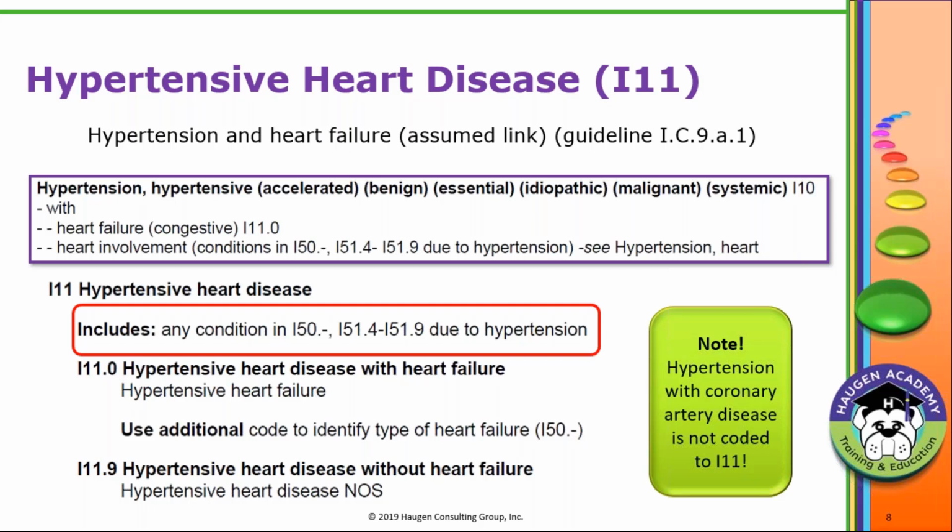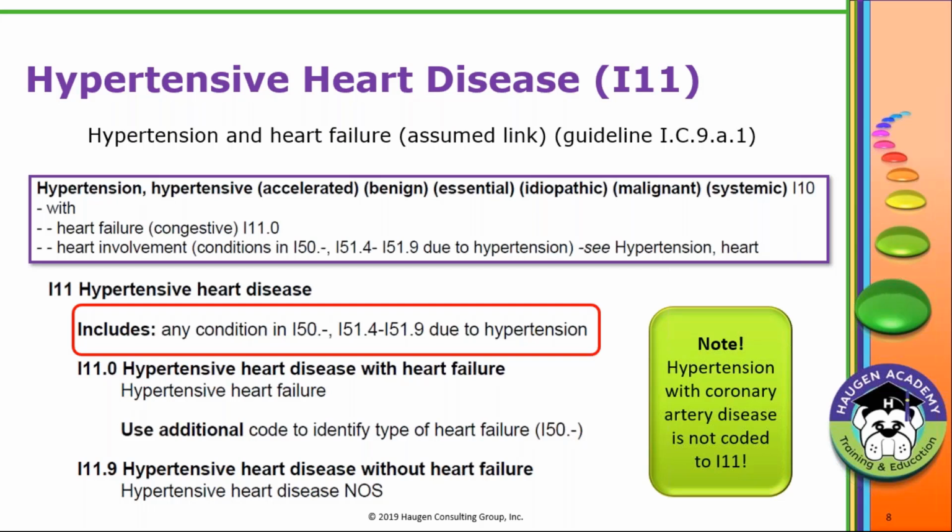And for those of us who've been coding for a long time, as in, going back into ICD-9 and just a couple years into ICD-10, we used to have a documented relationship between hypertension and heart failure, but with the clarification of the WITH convention a couple years ago that says that if you have two conditions in the index or tabular that are linked with the word with, you can assume a cause and effect relationship.